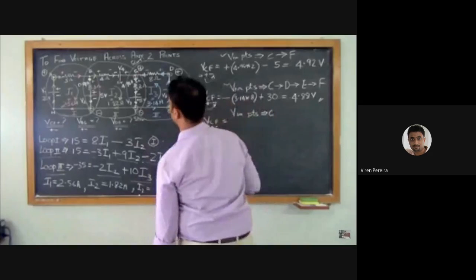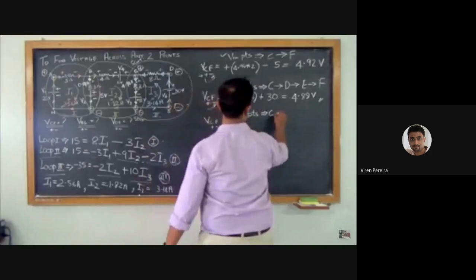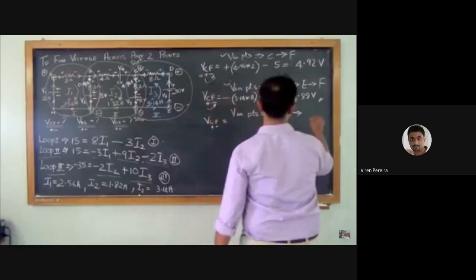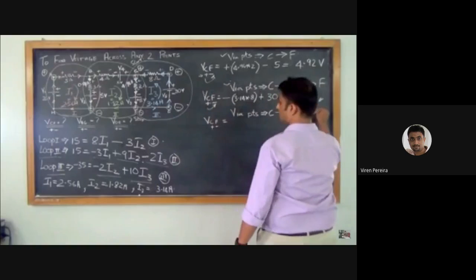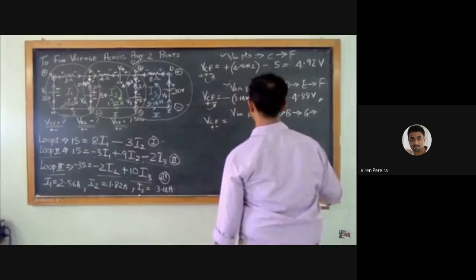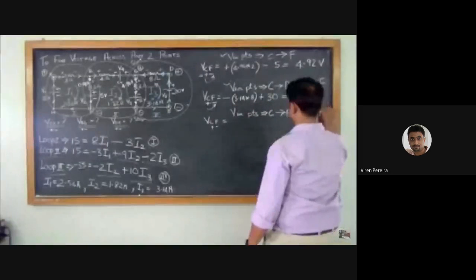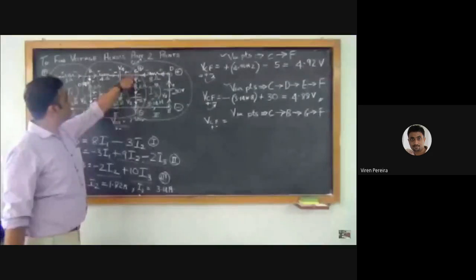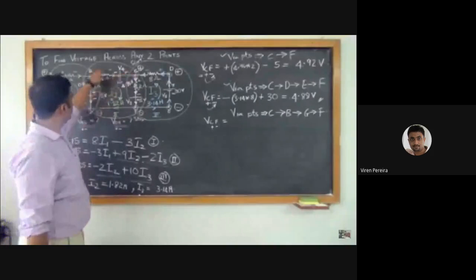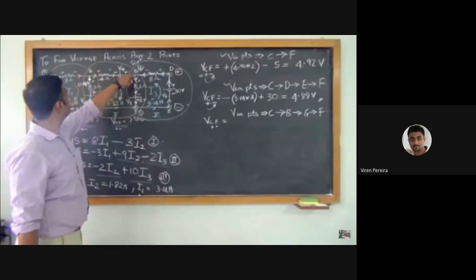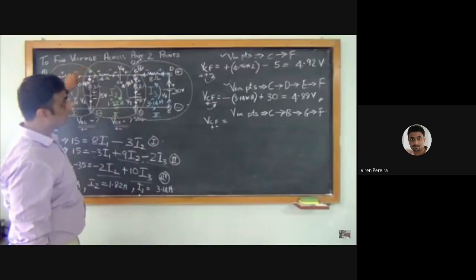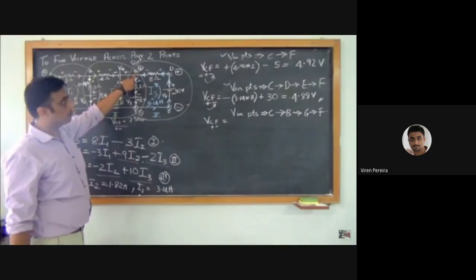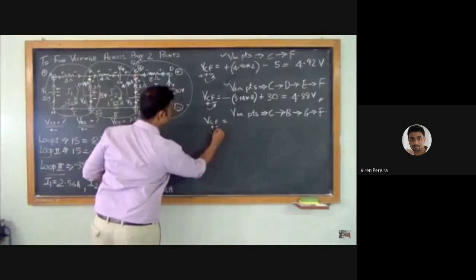From C to B, from B to G, and then from G to F. Now I'm starting from C and ending at F via points C, B, B, G, and G, F.